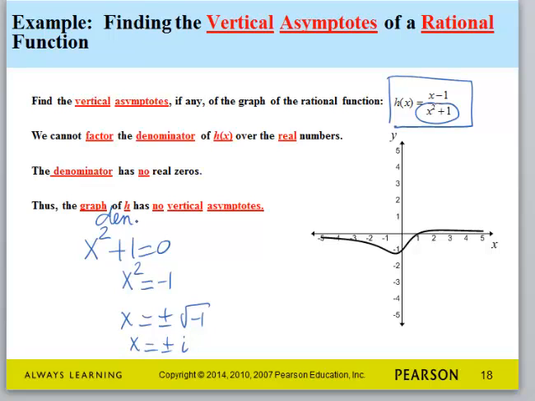So that's by setting the denominator equal to 0. I cannot find that anywhere. When I'm looking on the x-axis trying to find where i is, I don't have a clue what that is. It's not related to a number line that's dealing with real numbers. So because you cannot draw those two equations here, you do not have any vertical asymptotes for this particular function.